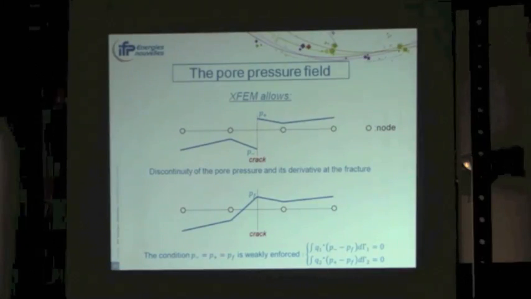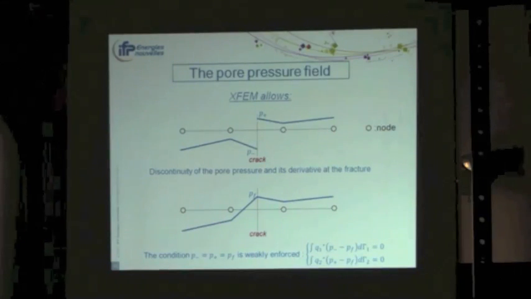So that at the fracture, we have P minus equals P plus equals P sub F. So this is what we finally get, and this allows us to have a nonlinear pore pressure field in the element that is crossed by the crack.